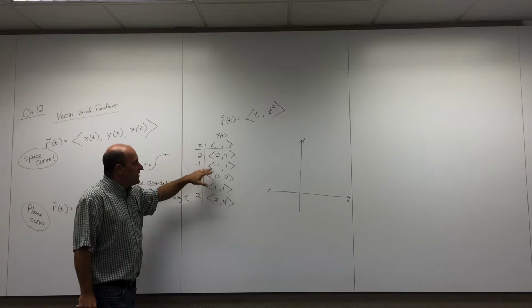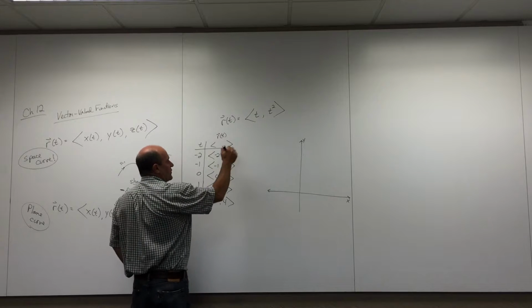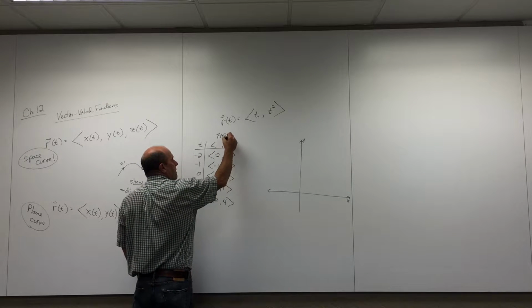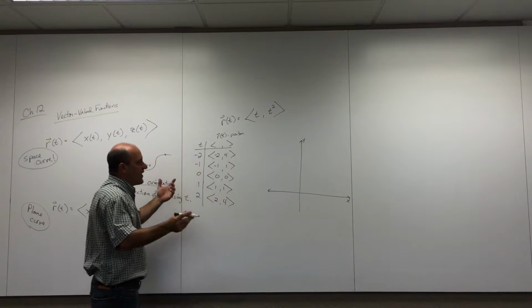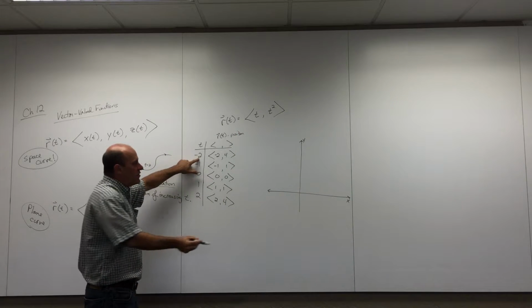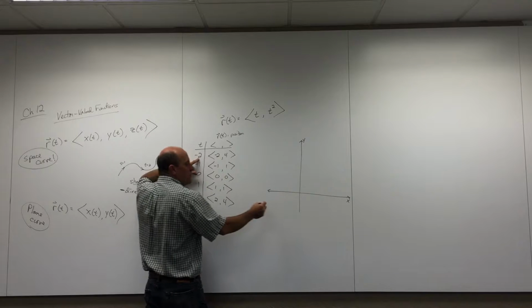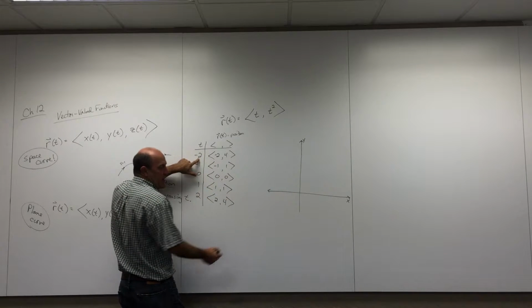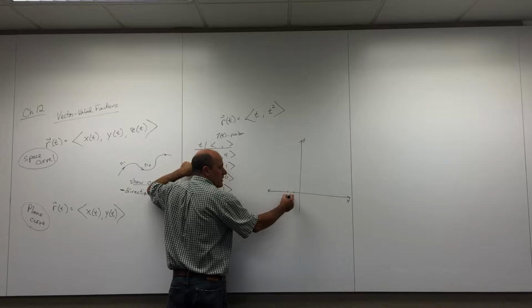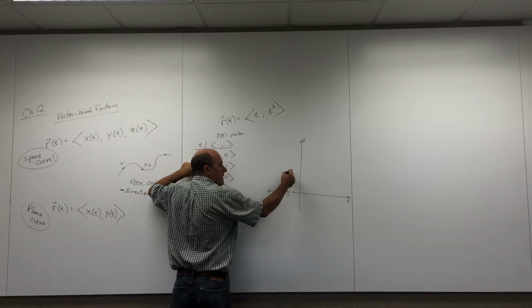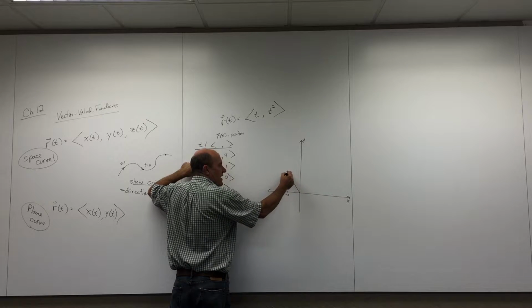What I'm about to plot here are these position vectors. When t is negative 2, you get this position vector, negative 2, 4. How do you draw a vector negative 2, 4? You draw it from the origin, over 2 and up 4. And here's a picture of that vector.